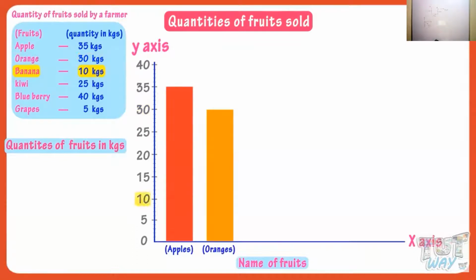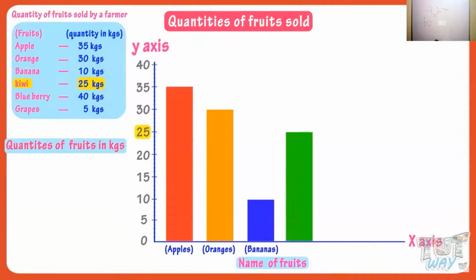So make a rectangular bar up to the mark of 10 and label it with banana. Now, the next fruit is kiwi. The quantity sold is 25 kg. So make a rectangular bar up to the mark of 25 and label it with kiwi.